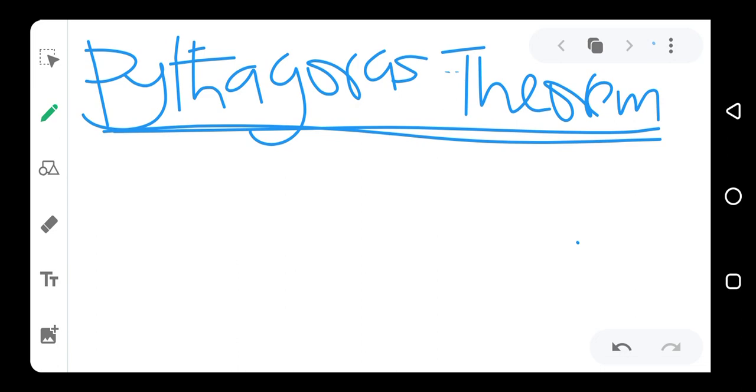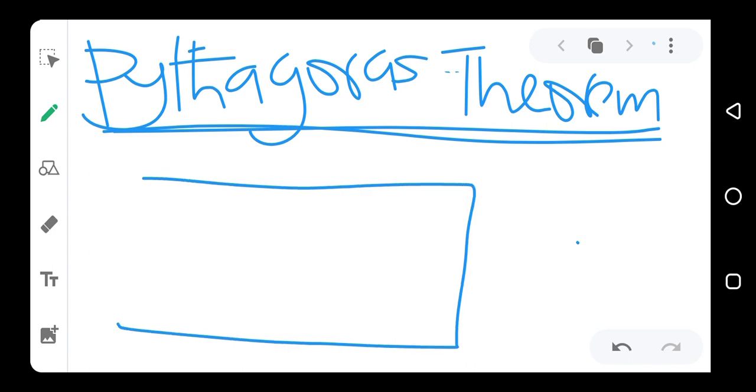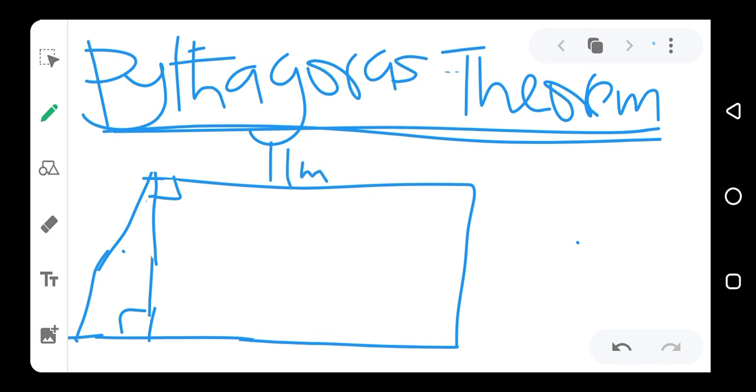Now for instance, one of the shapes given to us is something like this. Here we have 11 meter.